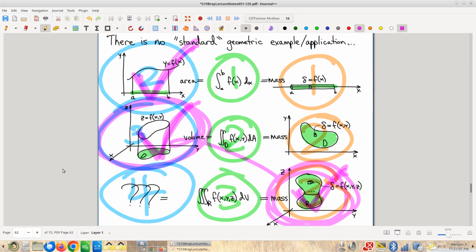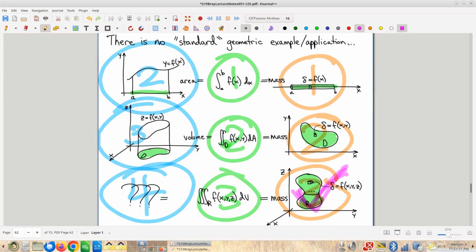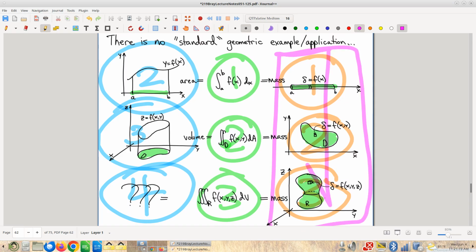So I am not saying that I am opposed entirely to the graph point of view. I'm not saying that at all. What I am suggesting is that you make sure that you are comfortable with all of these points of view. Make sure that you're comfortable with the comparison. Make sure you see the pattern.